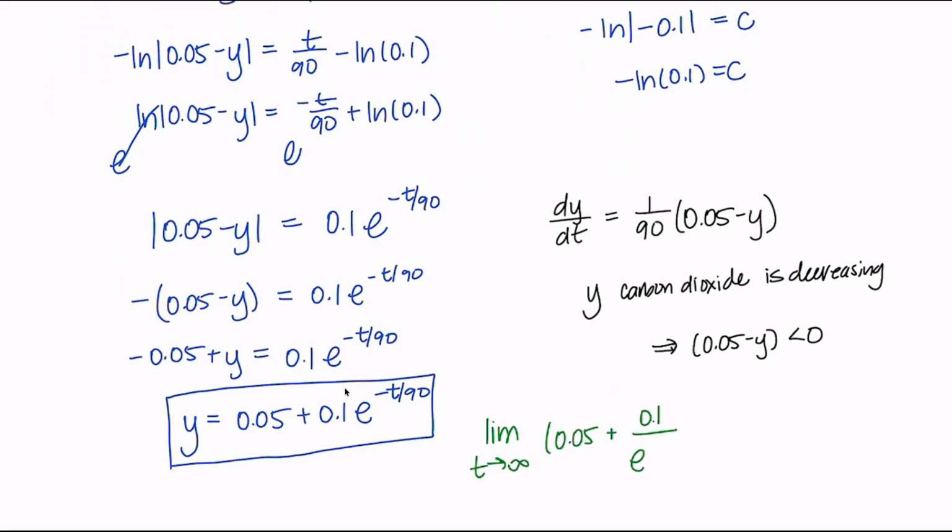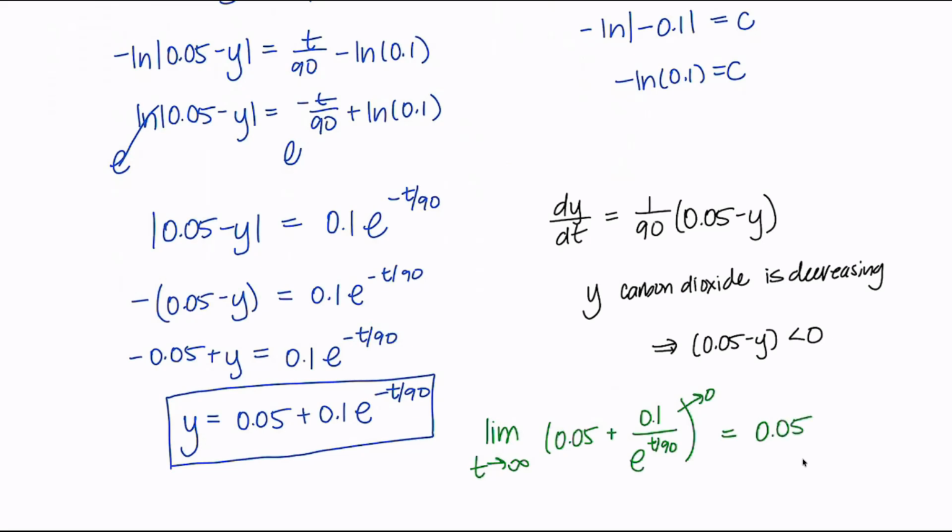I rewrote this with a negative exponent and brought it to the bottom. That's because what I want to see here is that as t goes to infinity, this exponential is going to get huge, so this quantity right here is going to go to 0. And so what's left is 0.05.